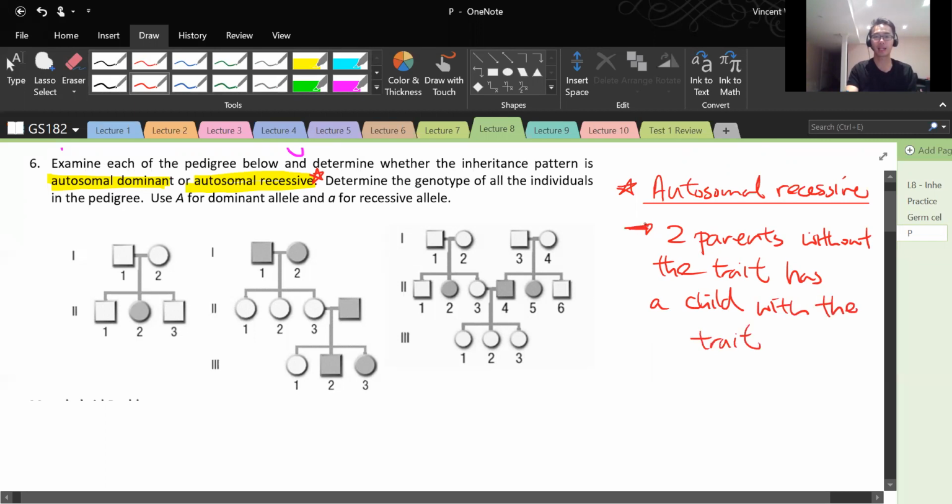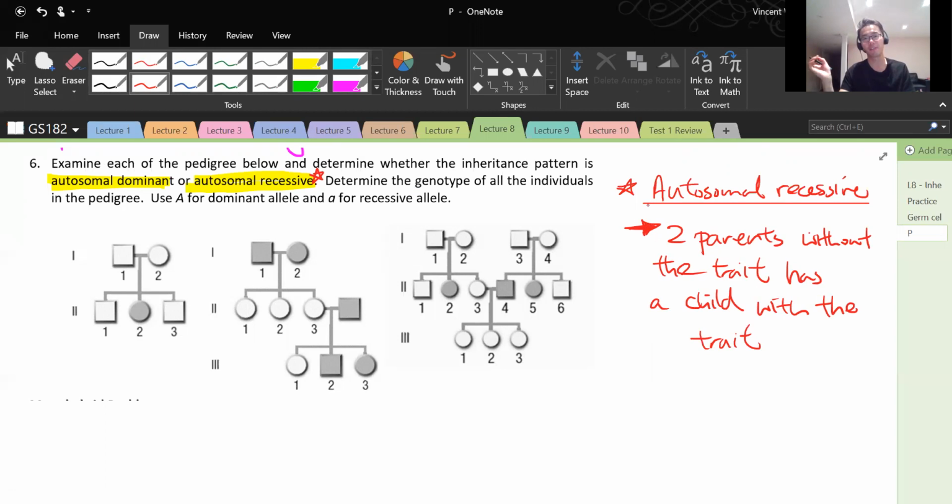That is a telltale sign that the inheritance pattern is autosomal recessive. If you can find someone with the trait whose parents do not have that trait, then you can say with high confidence it is autosomal recessive.